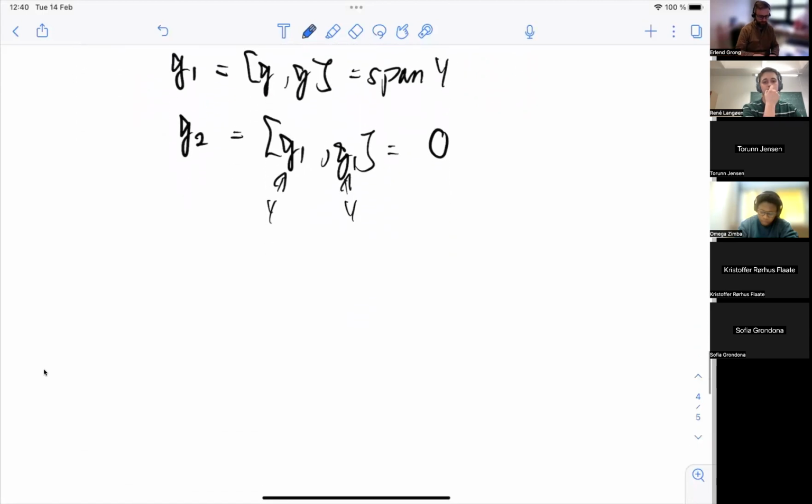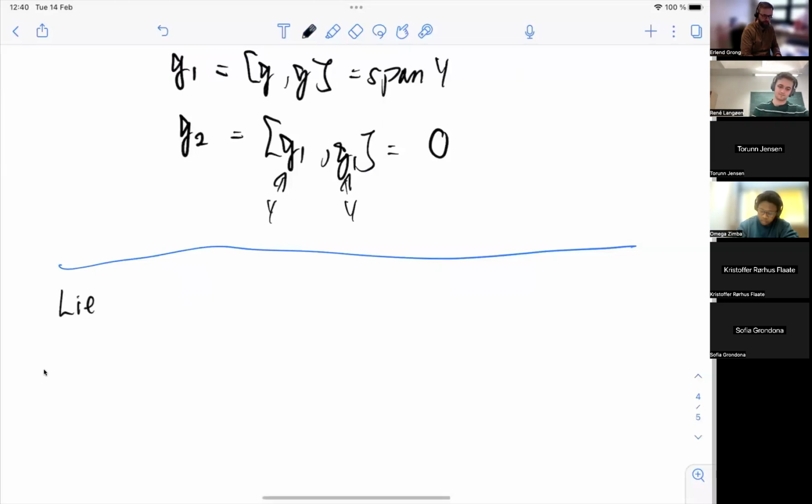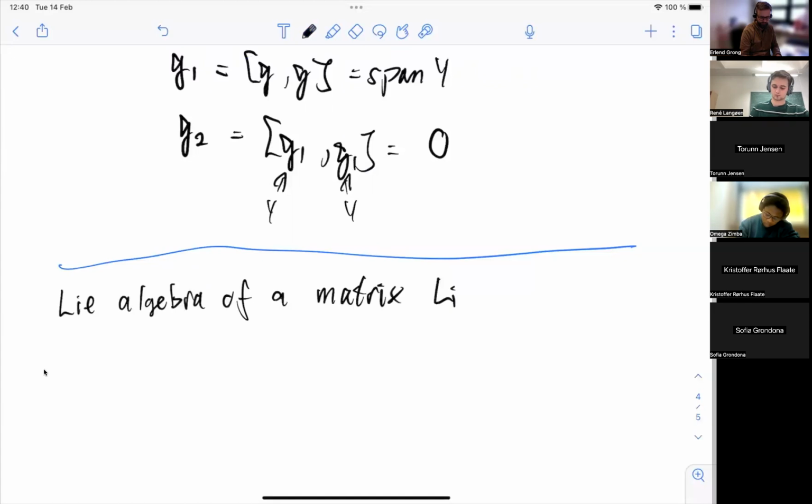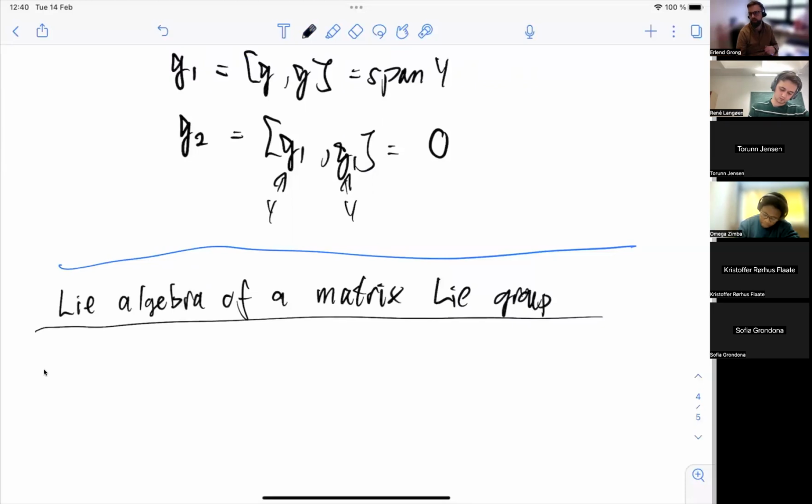Now, that finishes up the things we were supposed to do last time. Now to connect this with what we had before, let's talk about the Lie algebra of a matrix Lie group. There are actually several ways you can obtain this thing here.